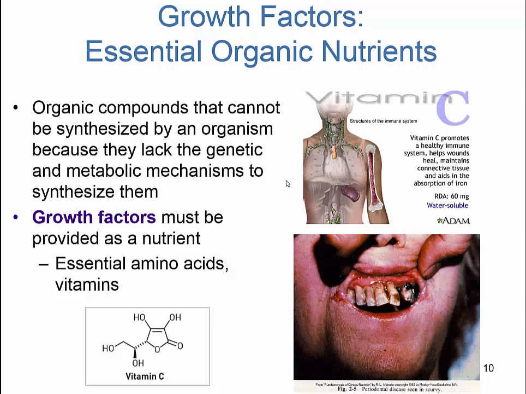So every organism tends to have a need for distinct growth factors. These are factors that must be obtained through various nutrients. An excellent example of this is vitamin C. Vitamin C is required to prevent the manifestations of things like scurvy.